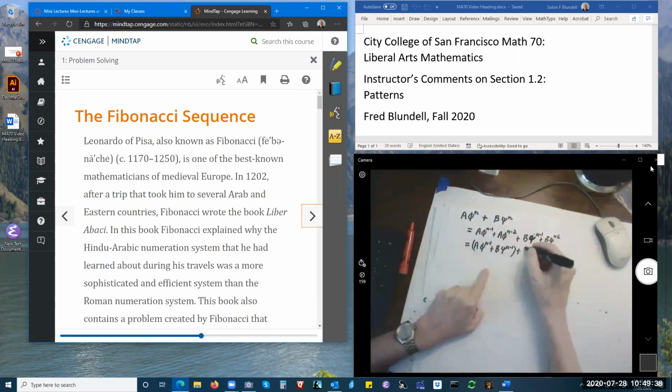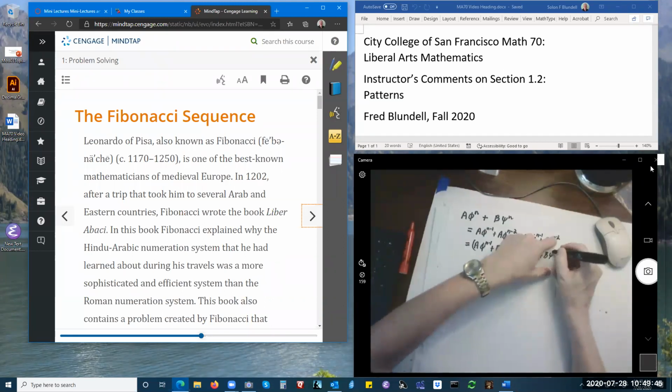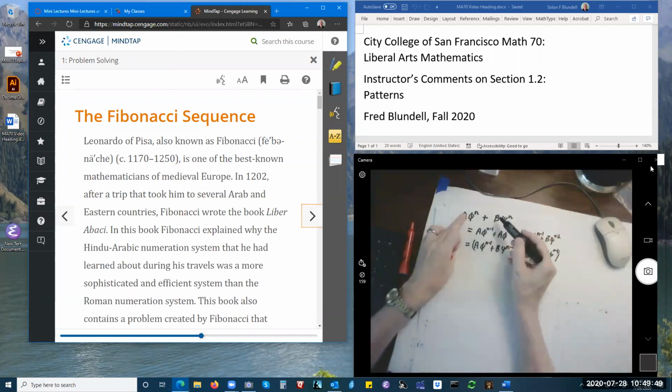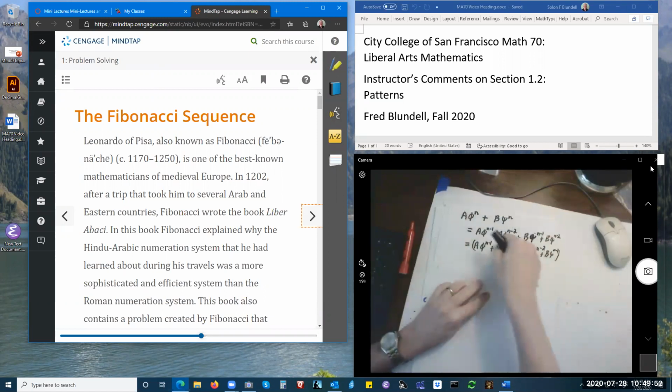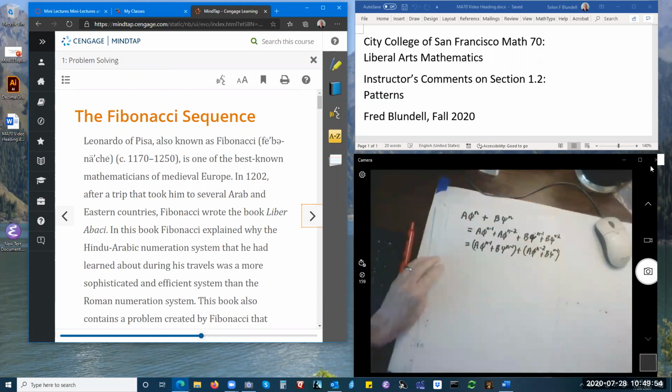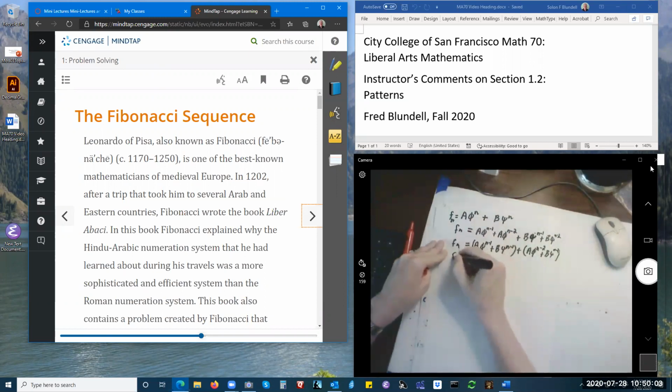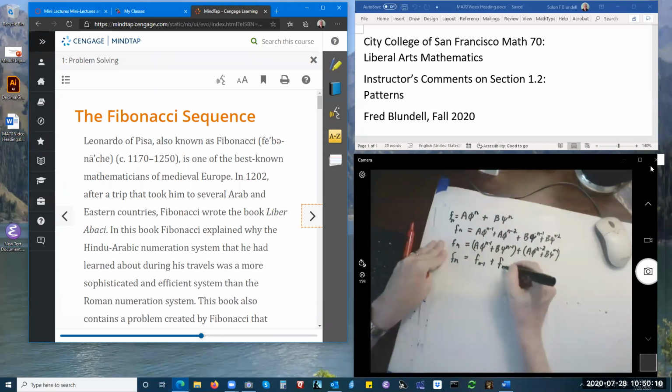That plus this. See, the nth one is still, let's call this Fn. It's still Fn minus 1 plus Fn minus 2.